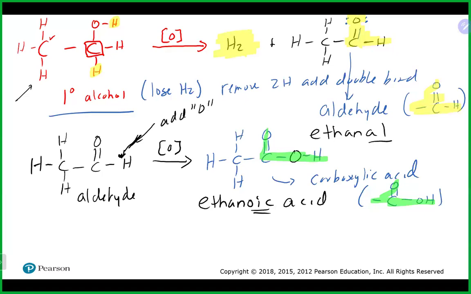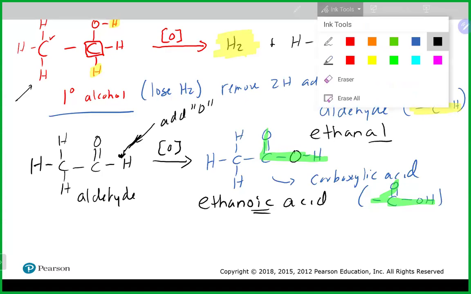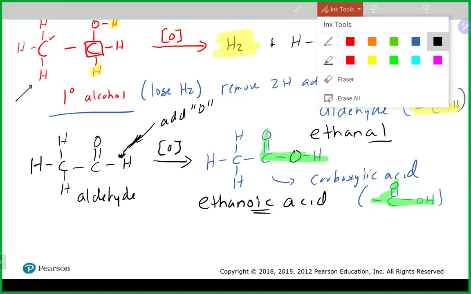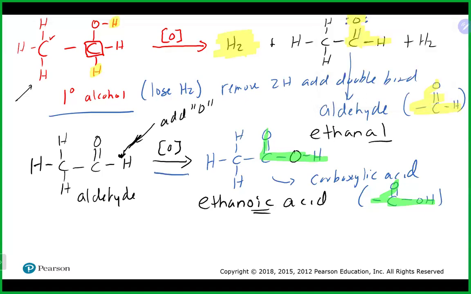So if you take a primary alcohol and you do an oxidation reaction, you will take off two hydrogens and end up with an aldehyde. That guy could then further oxidize to a carboxylic acid. By the way, as we'll talk about maybe a little bit later on, if you head in the opposite direction and you started with the carboxylic acid, you could go this way, which would be a reduction reaction and reduce it back to an aldehyde.